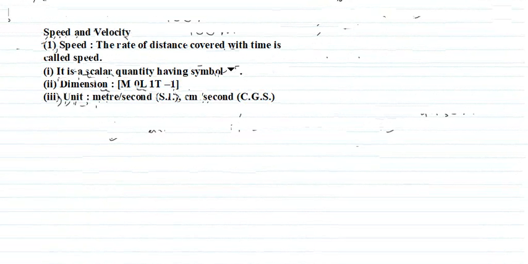Now, speed and velocity. We have discussed what speed and velocity are. Speed is just the rate of change of distance with respect to time. Basically, speed gives us the idea of how fast or slow something is moving.